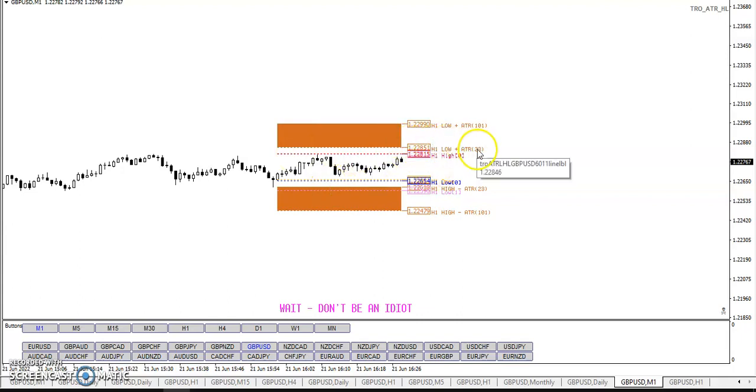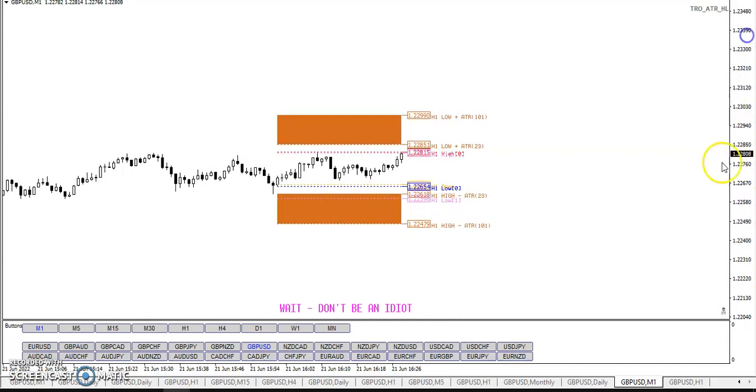This is the minimum over the last, what was it, 120 some bars. I forget what those inputs were, but you can see just how close it got. And it looks like it's trying to hit it again.